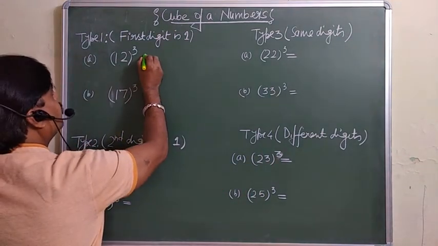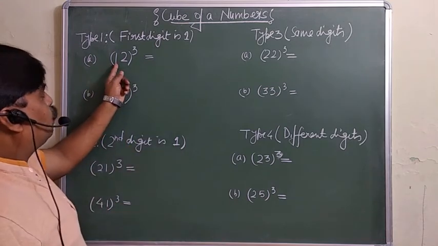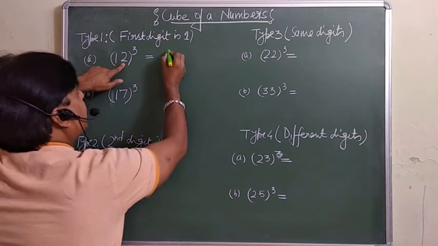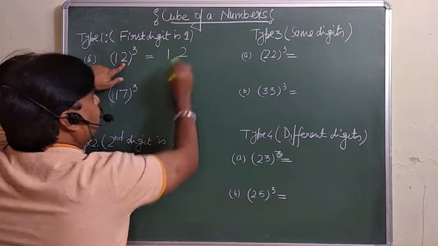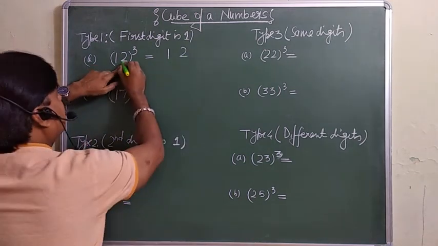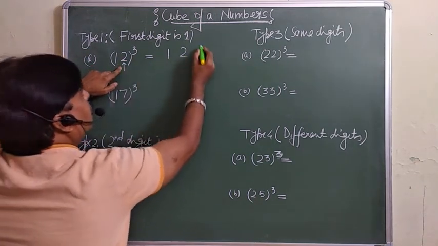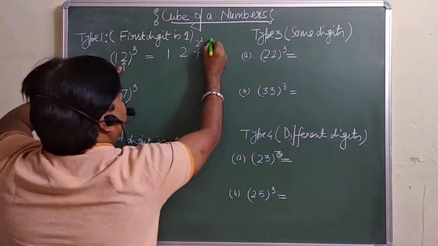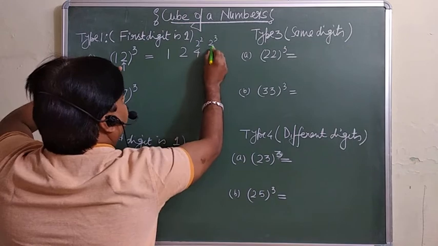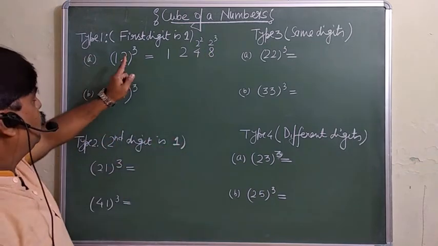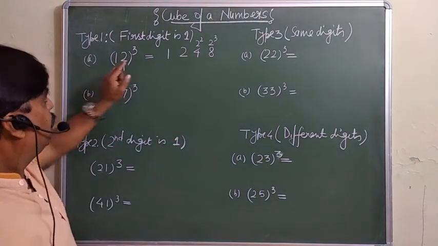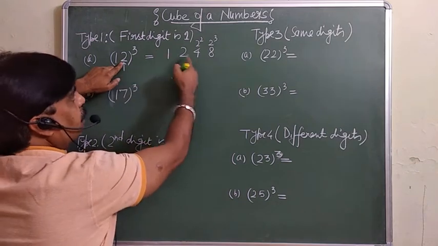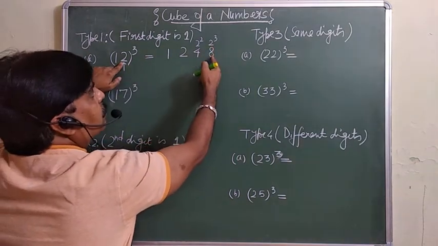See, the method is, suppose the first digit is 1. You must write both the digits as usual first, 1 and 2 as they are, and then do the square of the second digit. 2 squared, write down 4, and the cube of this number, 8. First two digits as they are, then the square of the second digit and the cube of the second digit.